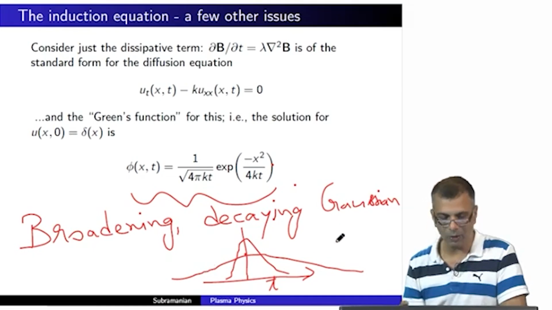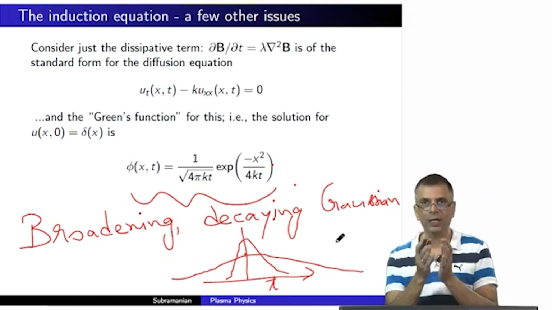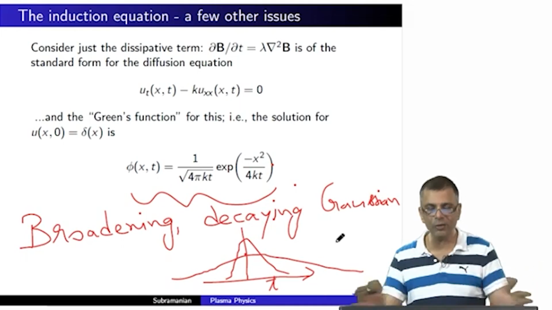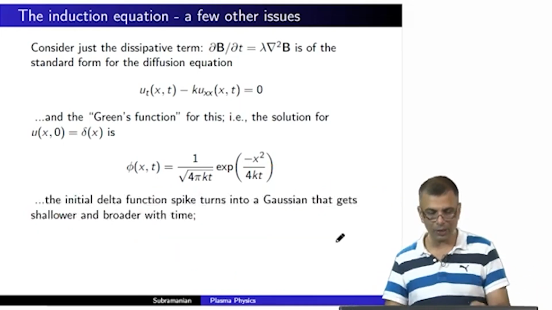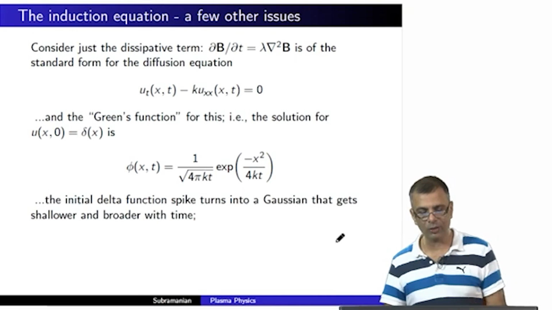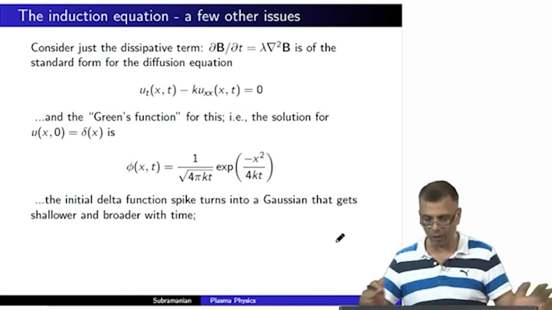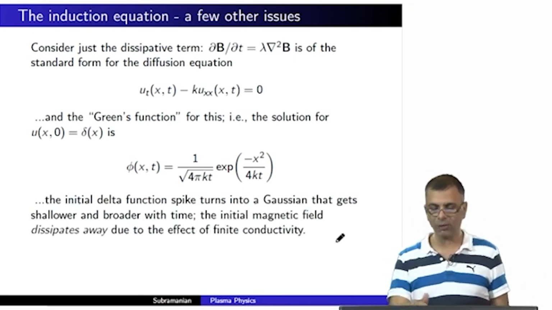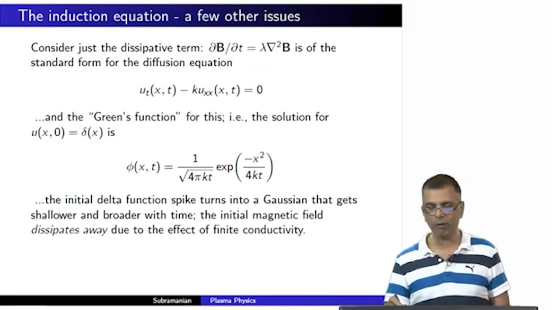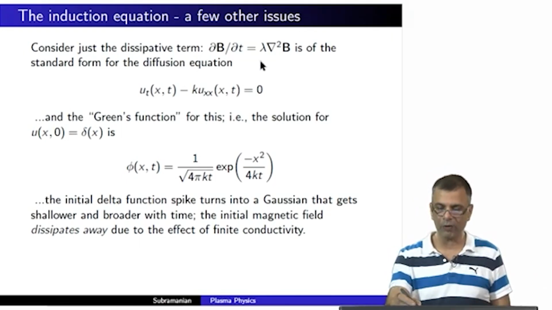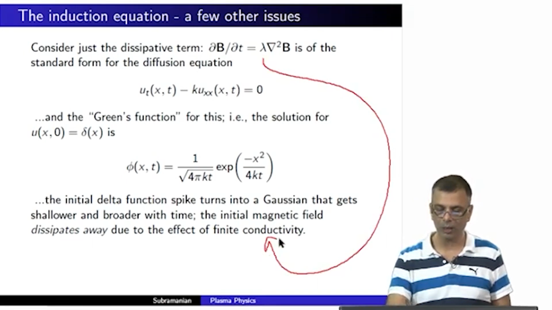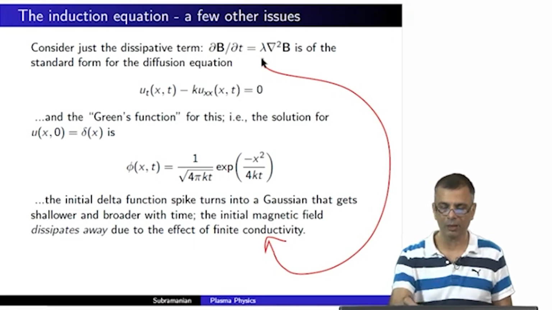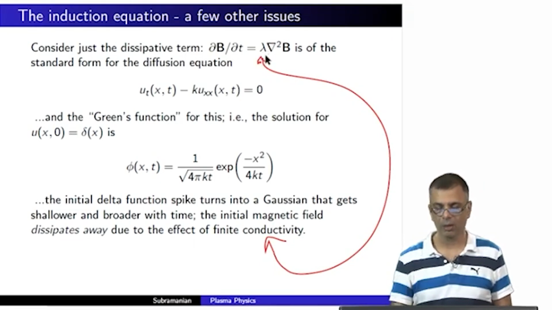This is essentially saying that the magnetic field is spreading out, is diffusing. So, an initial delta function turns into a Gaussian that gets shallower and broader with time. The initial magnetic field dissipates away due to the effect of the finite conductivity, and the effect of the finite conductivity is all embodied in this lambda term, right.